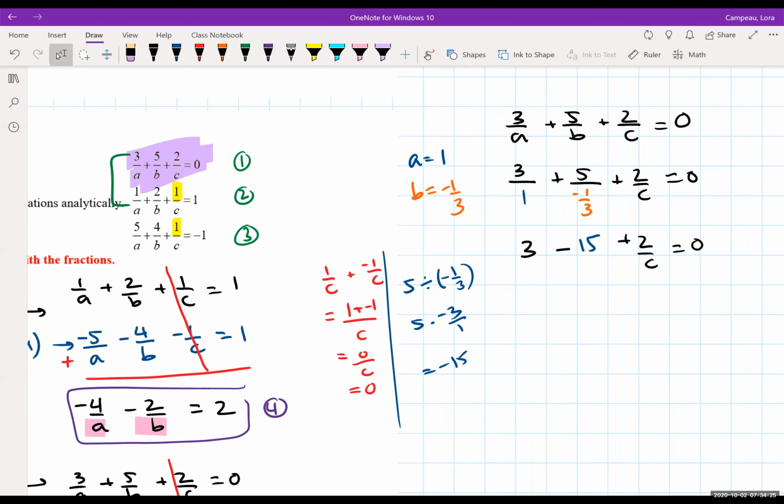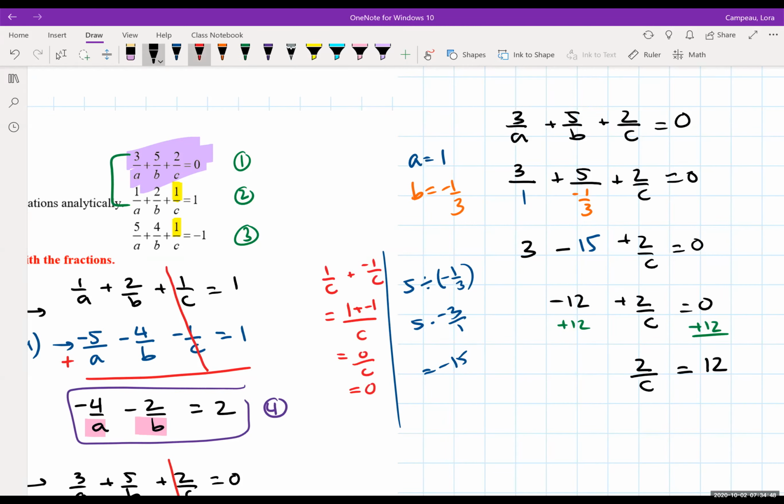More than one way to approach this. If we say 3 minus 15, combine your like terms, we'll get negative 12 plus 2 over C equals 0. If you would like, you can move the 12 over. You can add 12 to both sides. More than one way to go. So 2 over C equals 12.